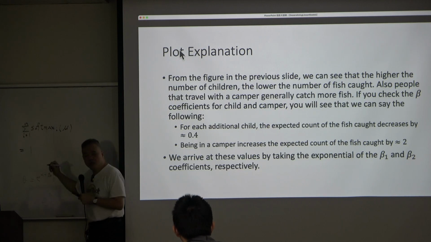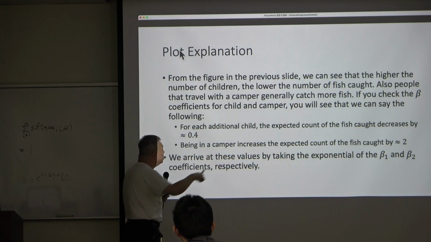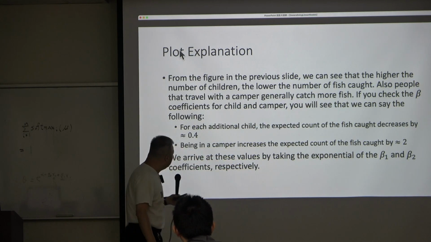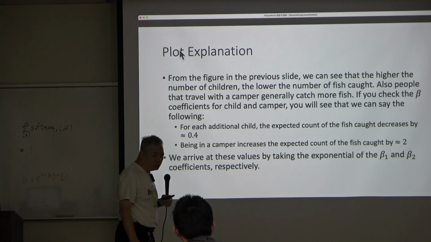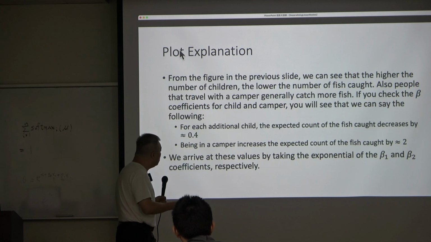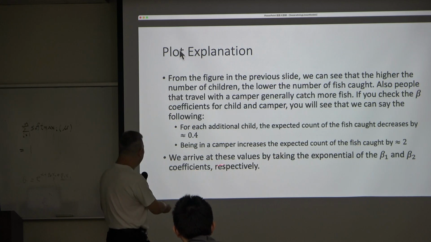So e to the power of beta 1 is roughly 2. So being in a camper increases the expected count of fish caught by 2. So here is how this is analyzed. By the way, we arrive at these values by taking the exponential of the beta 1 and beta 2 coefficients.